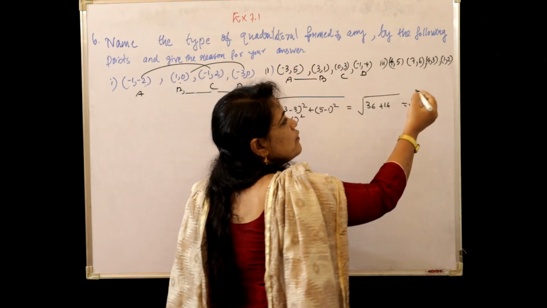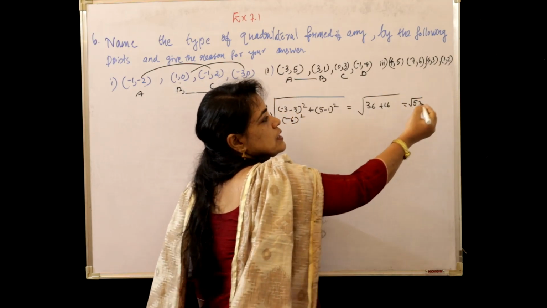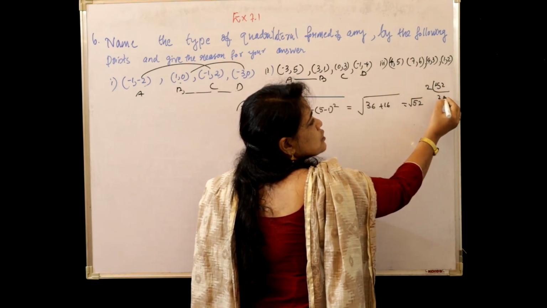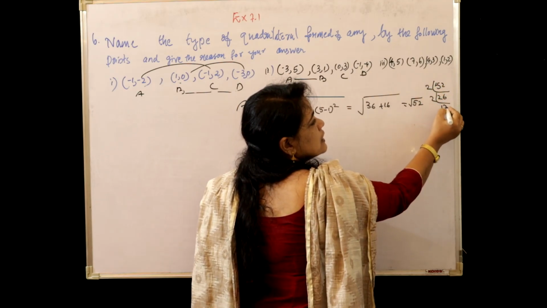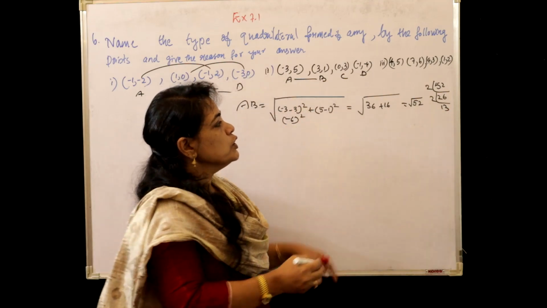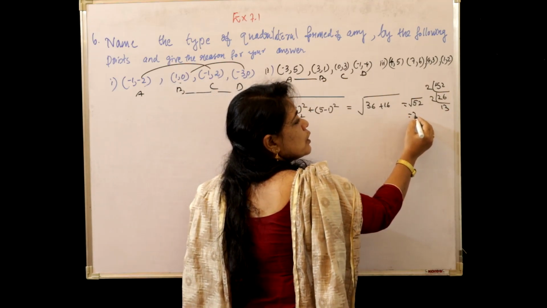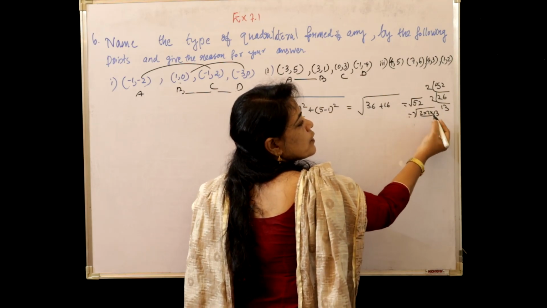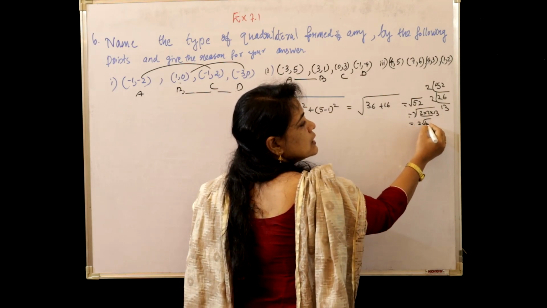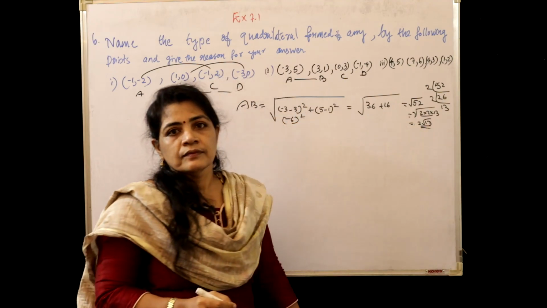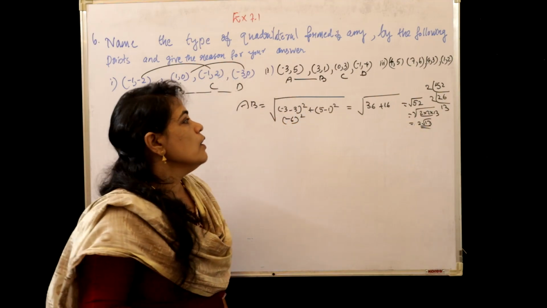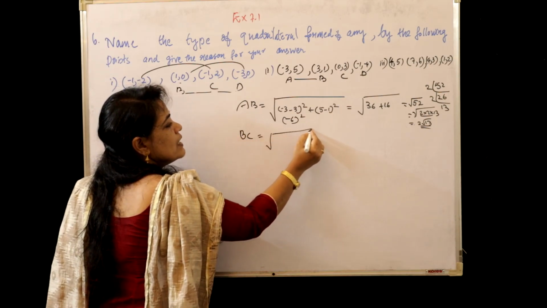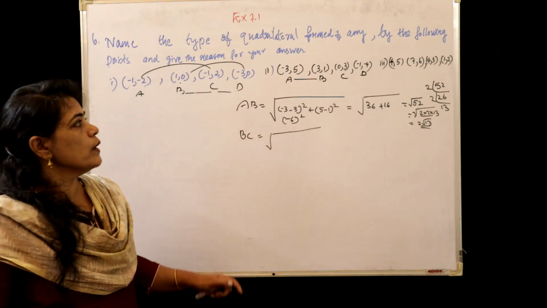When you prime factorize this 52, see children, 52 is 2 times 26, and 26 is 2 times 13. That is root of 2 into 2 into 13, or from this 2 you can take out, 2 root 13. That is AB. Now we are going to check BC, the length of BC, by taking B as x1, y1 and C as x2, y2.